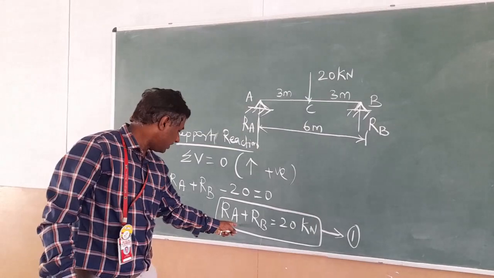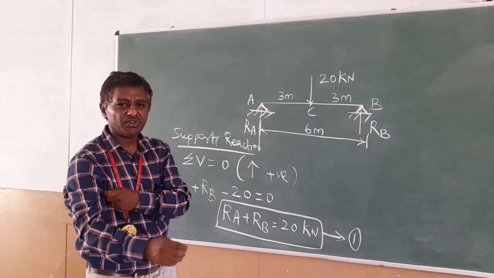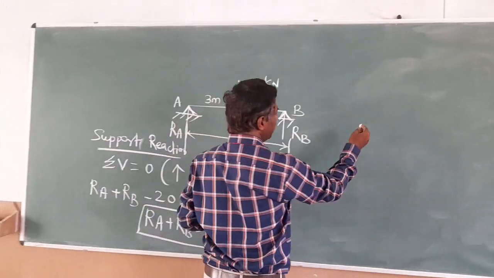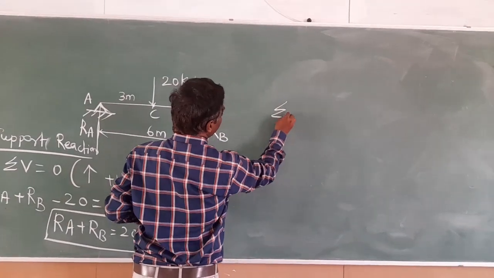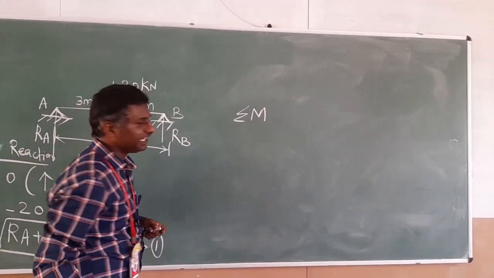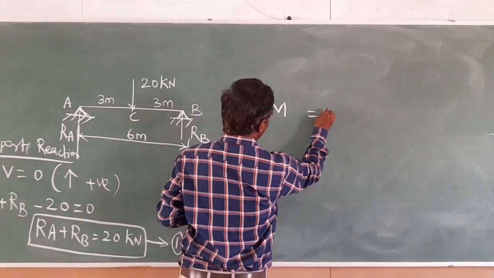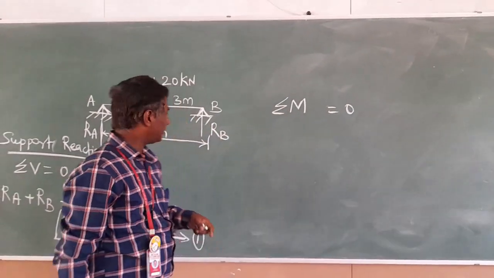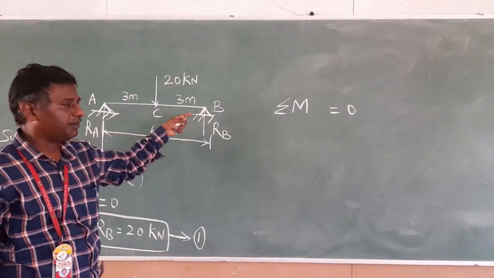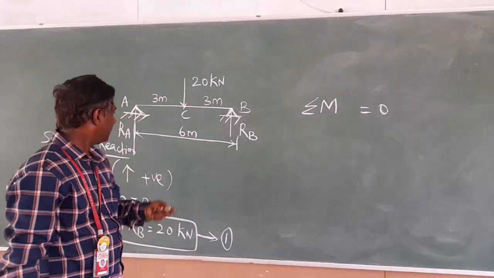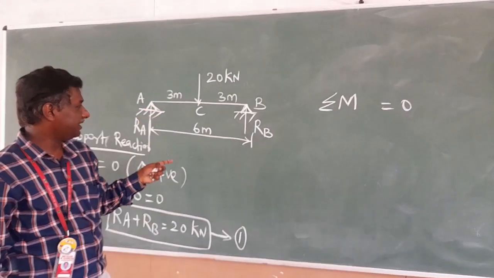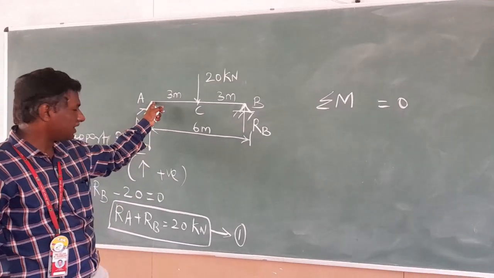Then I can go for another static equilibrium equation with respect to bending moment. The sum of bending moments at any arbitrary point is taken as 0. Which point can I take? Point A, point C, or any point. But it is simplified wherever the support reaction is there, if you take moments at that point.